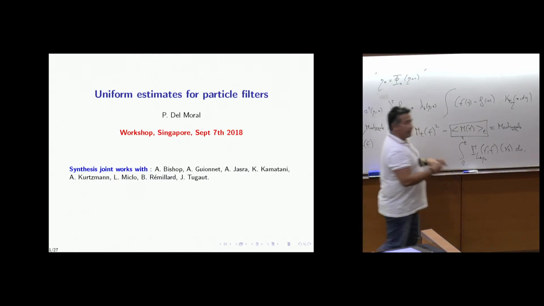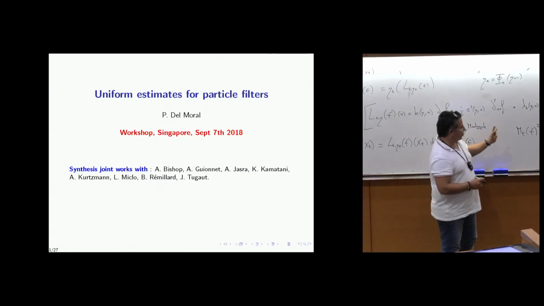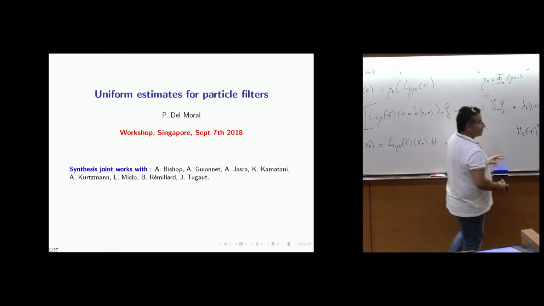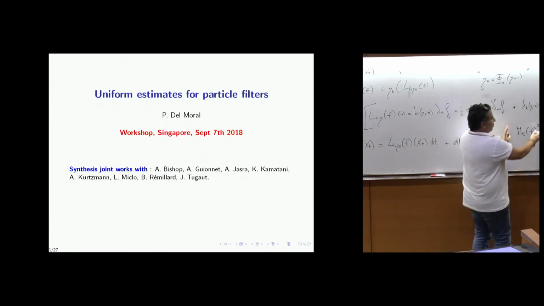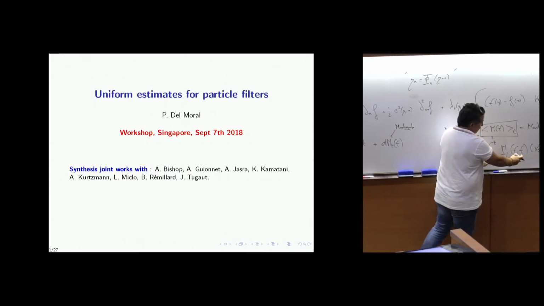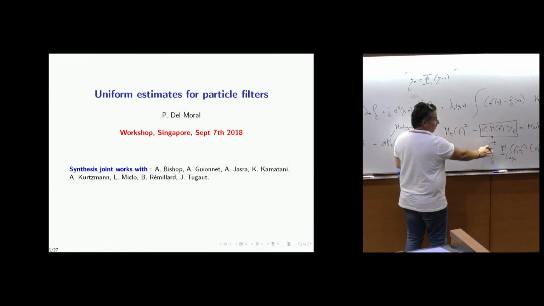So there is a generic way, and I will define what the carré du champ is, to study the amplitude of the martingale, how big it is. On average it is 0, but if you take the square, it's not 0. So if you take the mean of this, it will be the mean of this, and the mean of this is given by this. If you can control this term, then you control the variance of the martingale around 0. So this is very important.